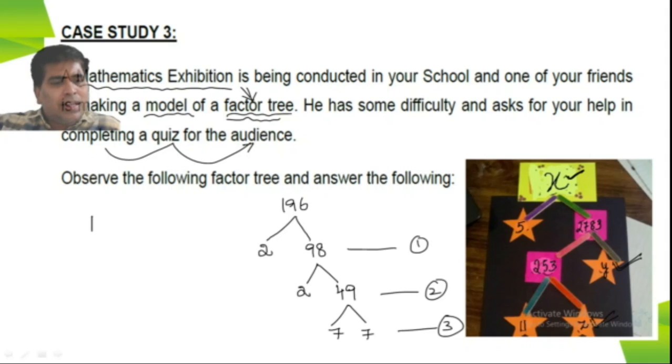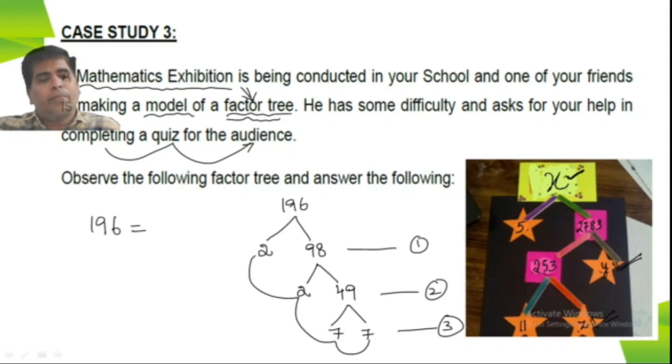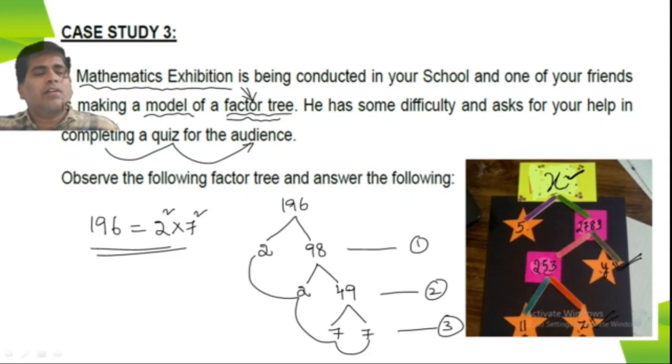So 196 can be written as a product of prime numbers: 2 into 2 into 7 into 7, that is 2 squared into 7 squared. This gives the product of prime factors of 196. This is the mechanism in the factor tree. Simply, the number is written as a product of two numbers.